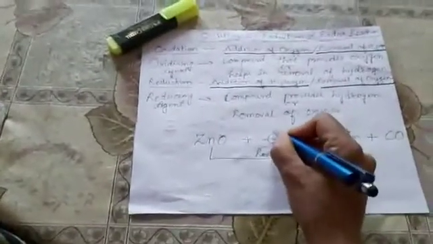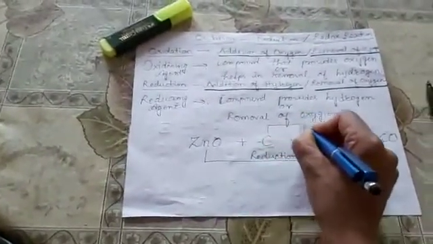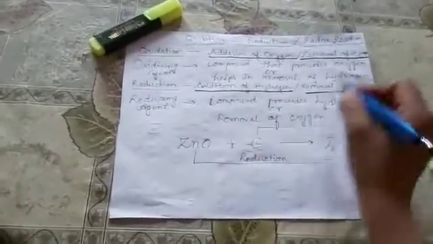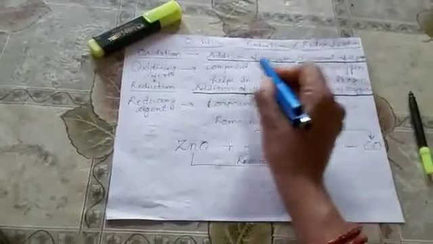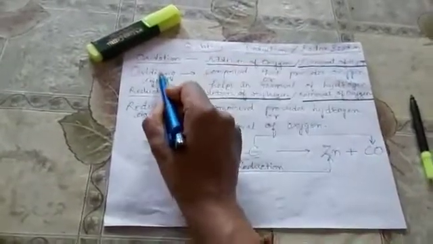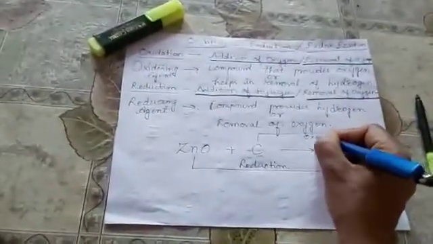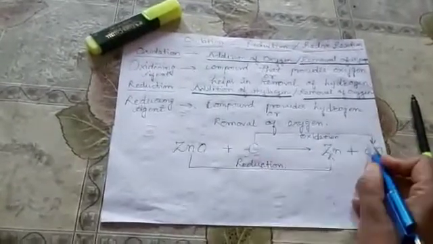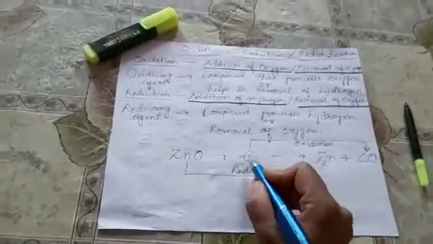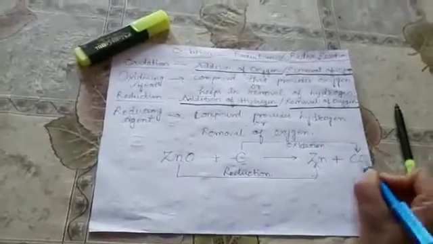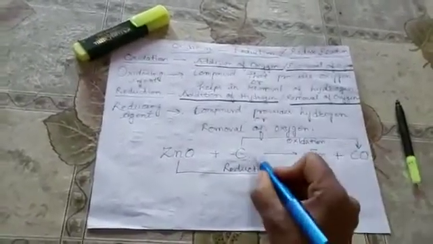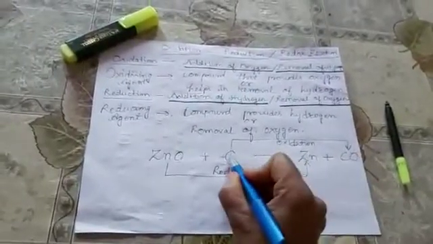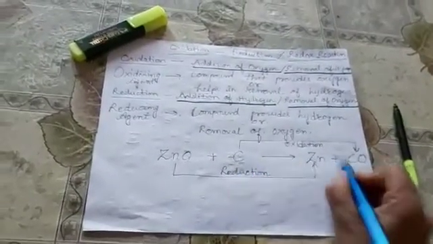So carbon is changing into carbon monoxide with an addition of oxygen, and addition of oxygen means oxidation. So carbon is oxidized to carbon monoxide, or we can say that at carbon, the process of oxidation is taking place. Clear?